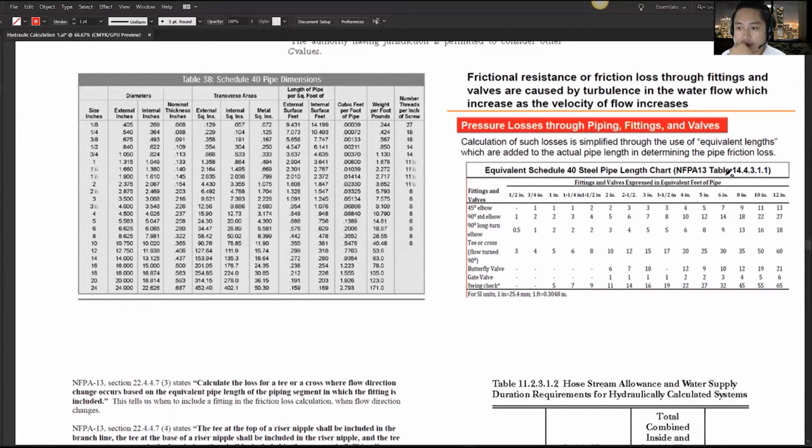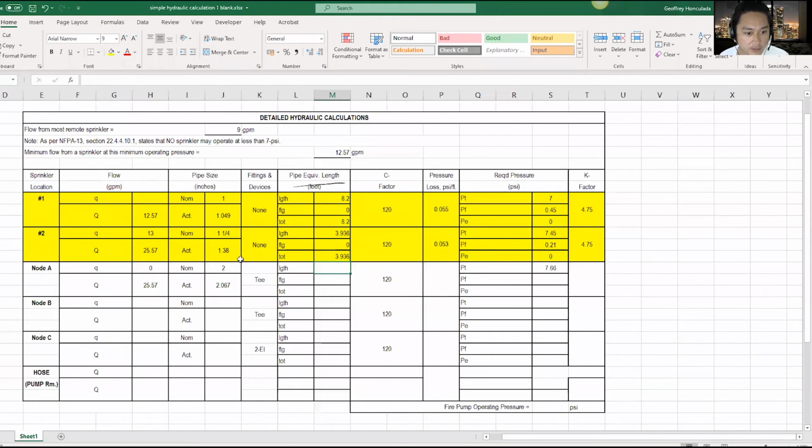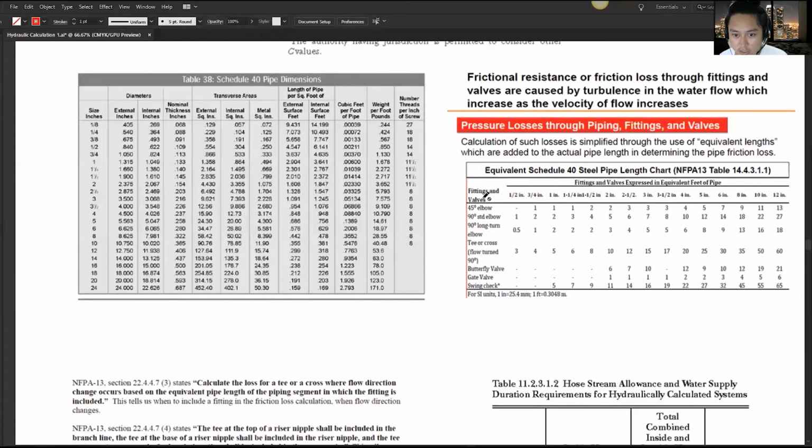That can be found in table 14.4.3.1.1. So we go back again to the fittings and devices. That's T and the nominal diameter of 2. All you need to do is look at this 2 inch here. So this one, and T, this one. All right, so it seems like we have a 10 here.